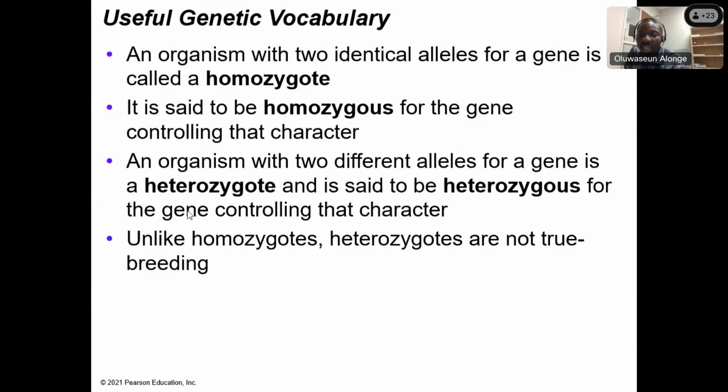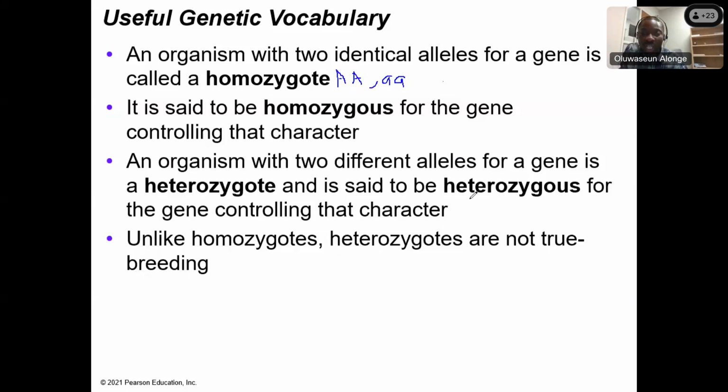True breeding means it has to be either this. Now, I will put this here real quick. So, this is homozygous, if you're looking at A and A. This is also homozygous. So homozygous doesn't mean it has to be dominant. Homozygous simply means they have the same traits, the alleles are the same.